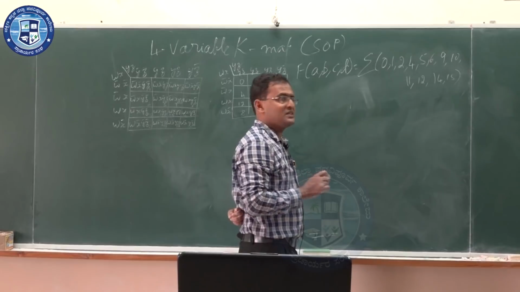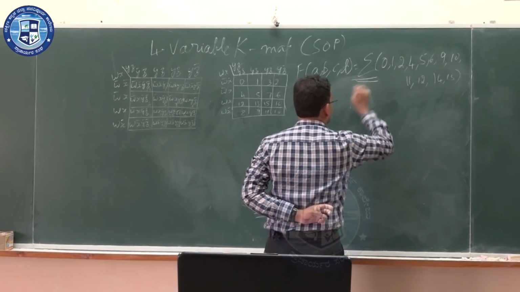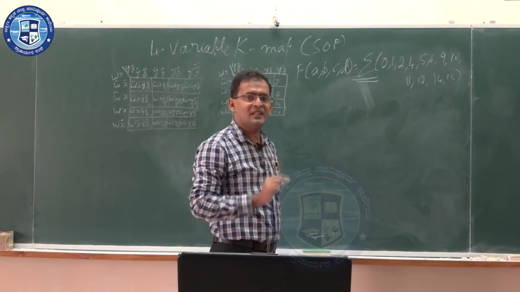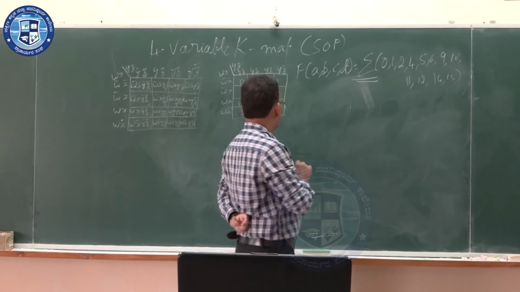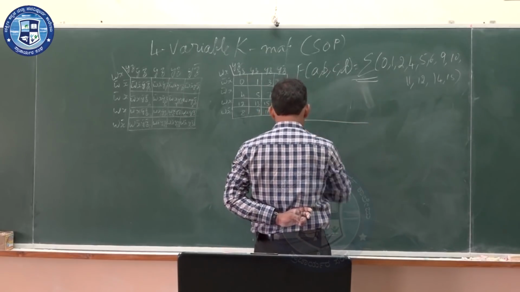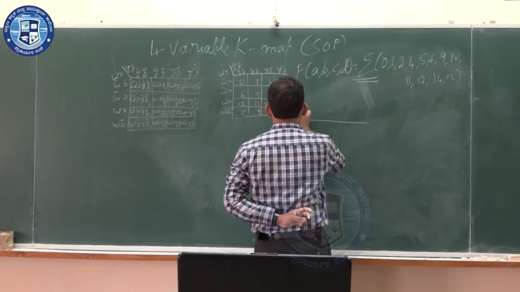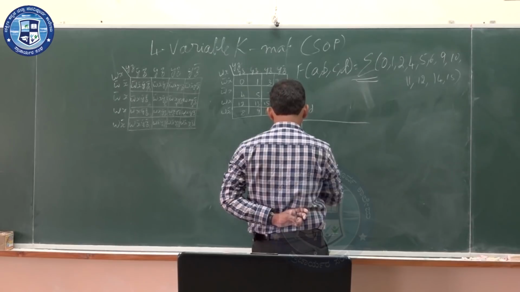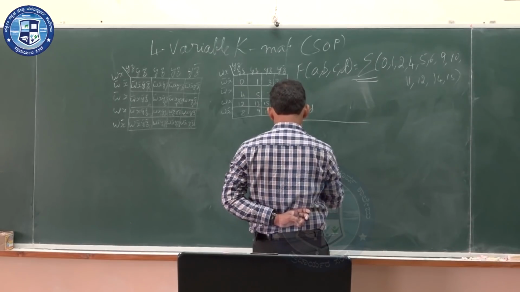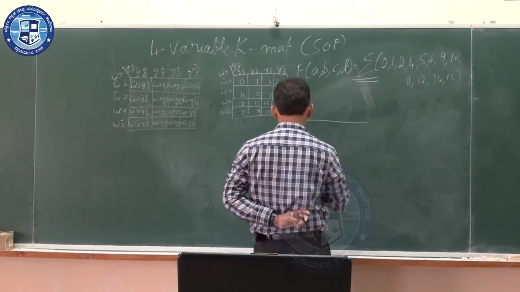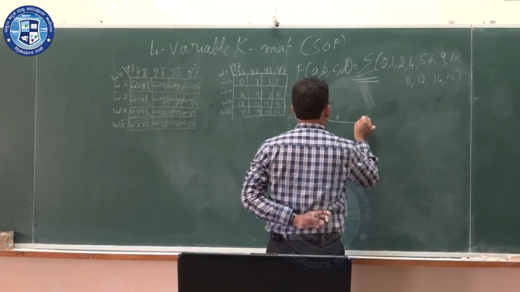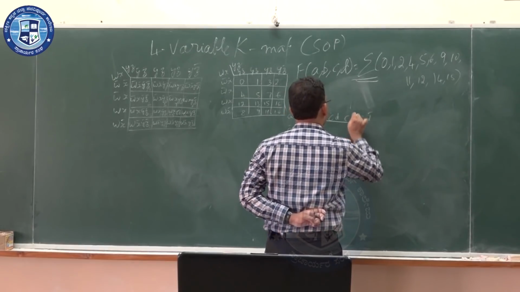Remember one more thing, summation is a symbol which signifies it is SOP. Okay, let me draw the K-map. That is, I have taken AB and CD, A bar B bar, A bar B, A B bar and AB, C bar D bar, C bar D, C D bar and C D.